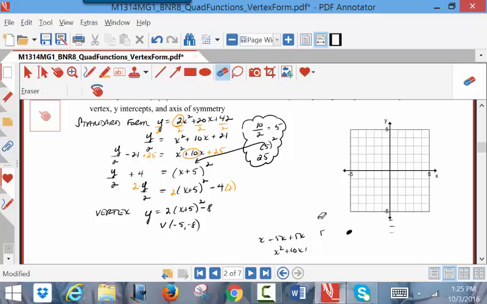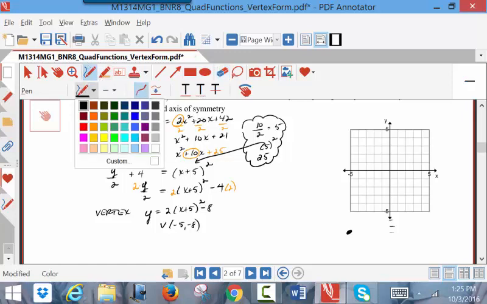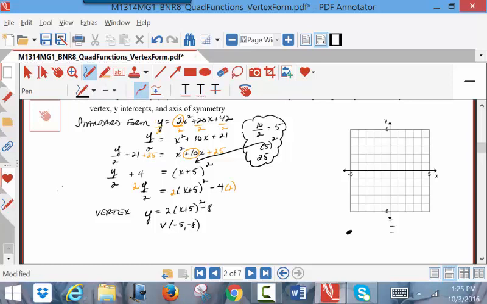But hopefully that clarified the magic I was working there, or what looked like magic. Okay, so there's my vertex. Is this thing opening up or down? Opens up, because this is a positive 2, and it was a positive 2 even in the standard form, so it opens up.